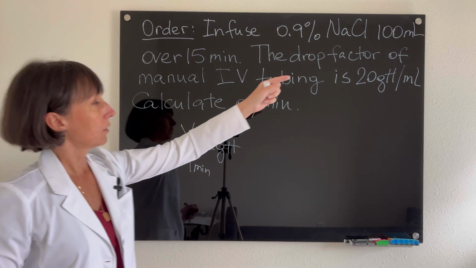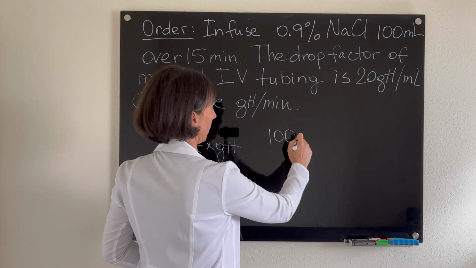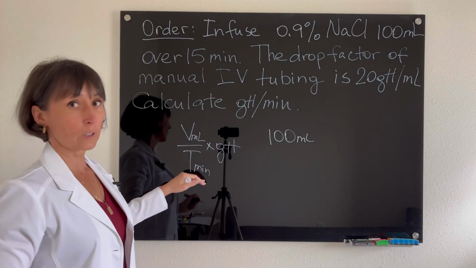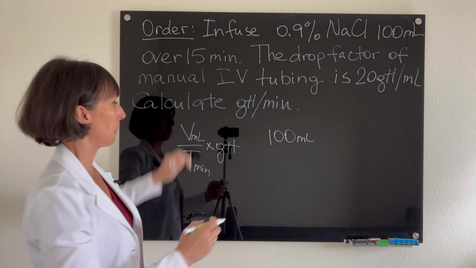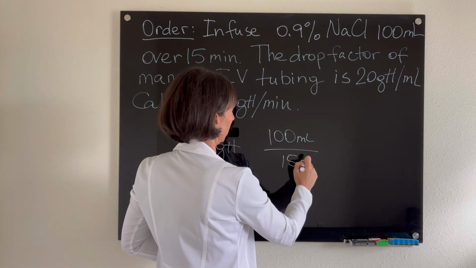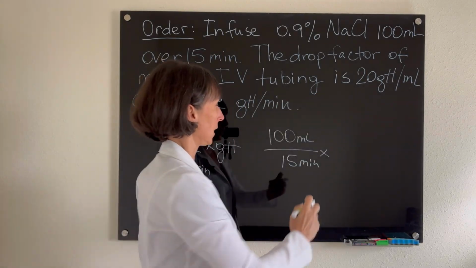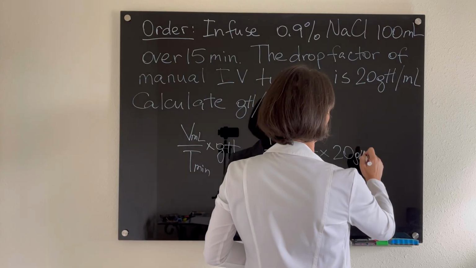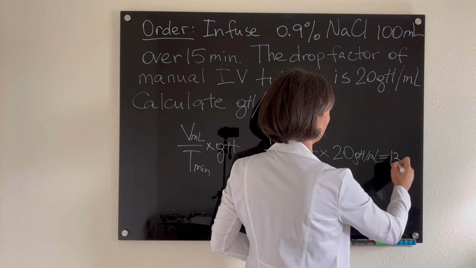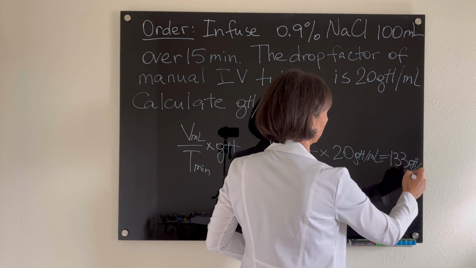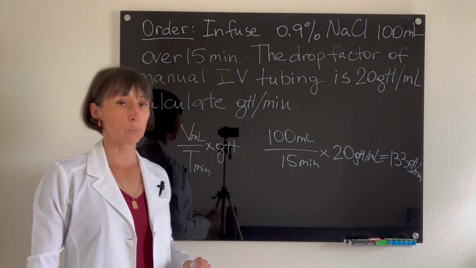Where's our volume here? 100 milliliters we're infusing. Going over 15 minutes, nothing to convert. We're already in minutes. Times our GTTs per milliliter that are given. Equals 133 drops per minute.